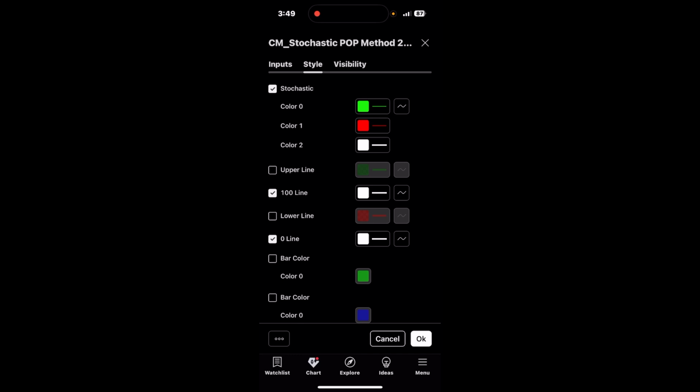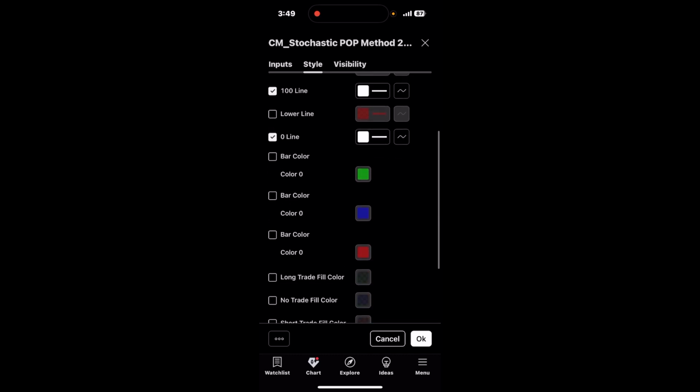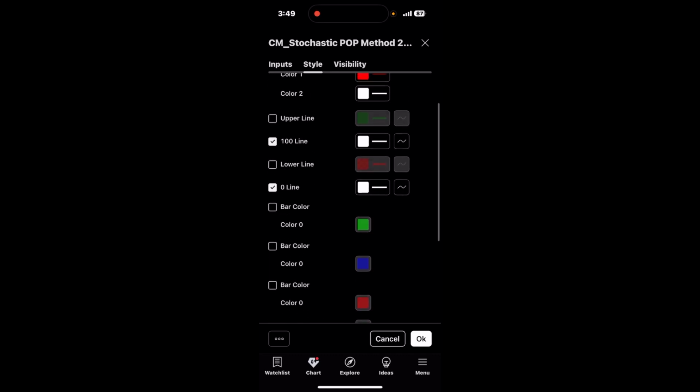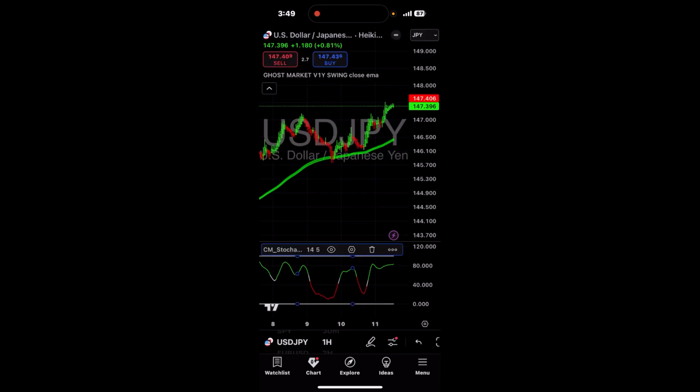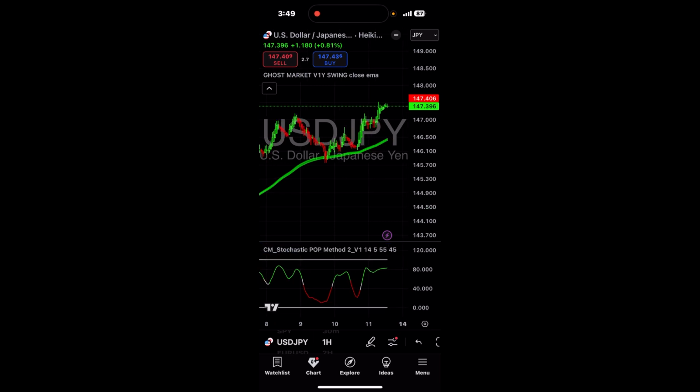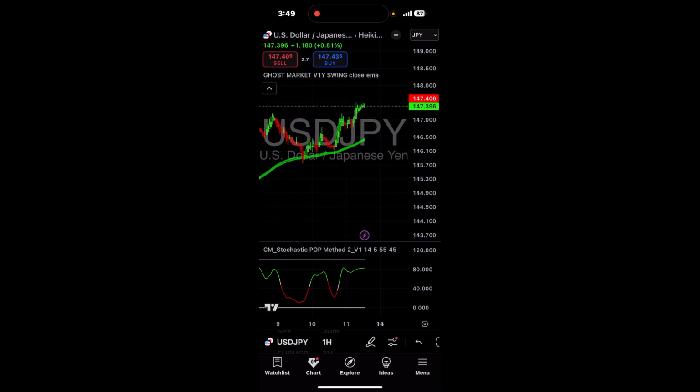Color 1, I have a bright red, and color 2, which is neutral, I have white. You can change that to any color you want, but I choose a color that stands out, because you're going to be basing a lot of your trades off of color 2. I also have the 100 line all the way up and the 0 line all the way up. Those are these top ones right here.